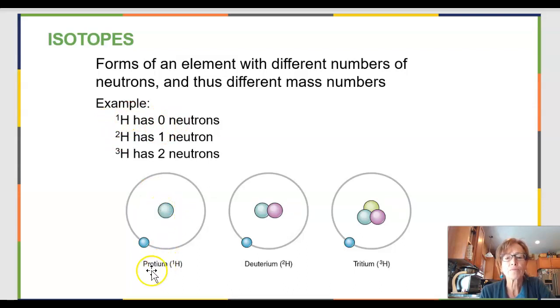With hydrogen we actually have different names for it, but we don't need to worry too much about this. Here we can see that this hydrogen has a neutron, and so it's called deuterium, and it has a little more mass. And here's tritium, which has an additional one. These are all isotopes of hydrogen.